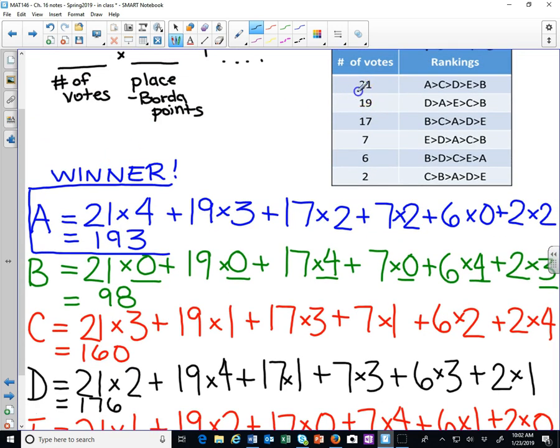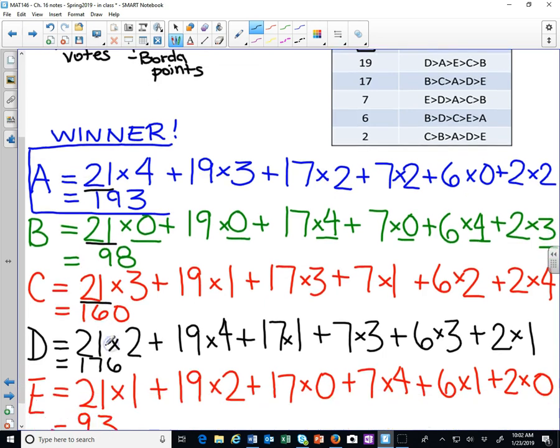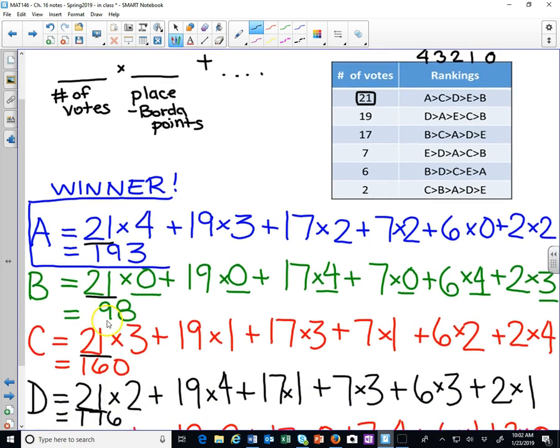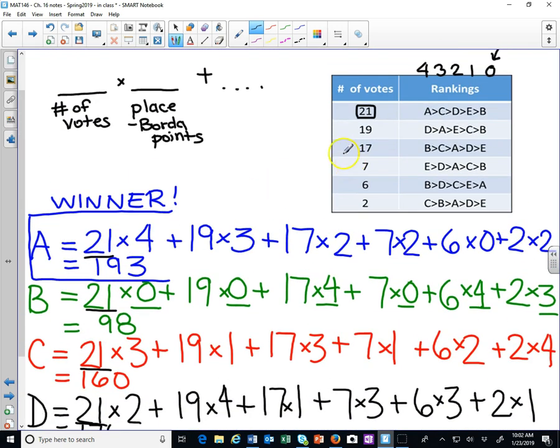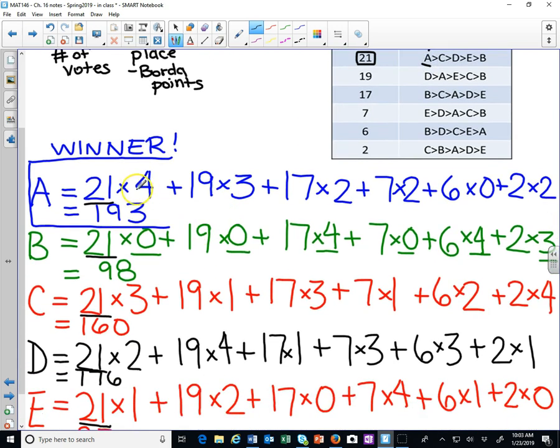You see this first 21 here, that's the number of votes this ranking got. You see this 21 occurs in all of these, right? Because all of them were talking about 21 votes for the first ranking. But what changes is what place they were in. A was in first place, which is 4 points, and that's where this 4 comes from.